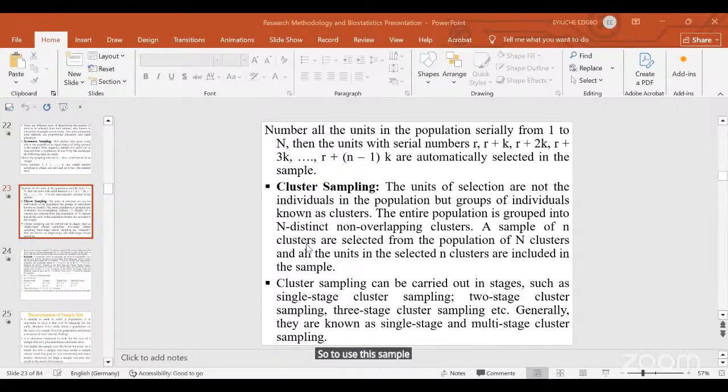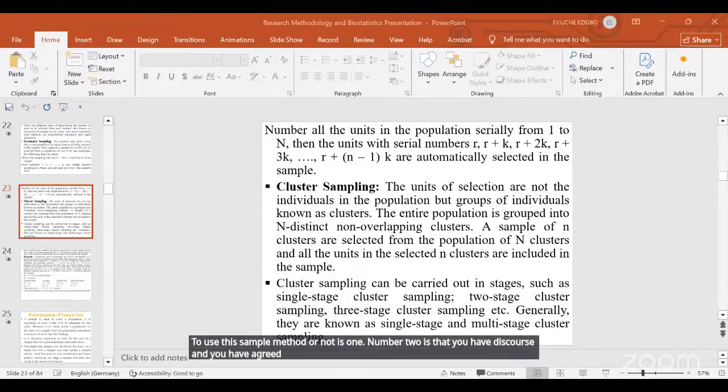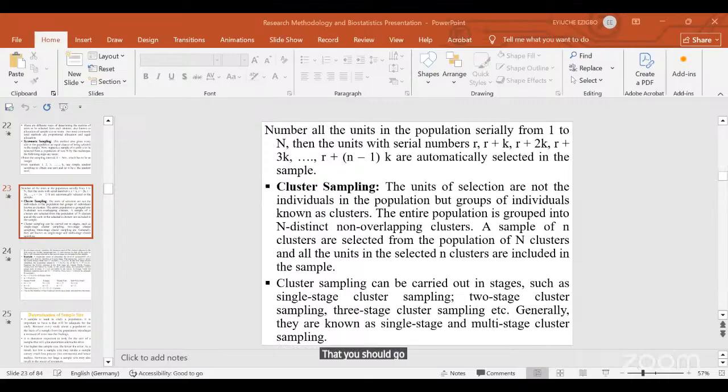That is one. Number 2 is that you have discussed and agreed with your supervisor, and your supervisor permits that you go into that. No problems. But in terms of bias, the study has a selection bias.